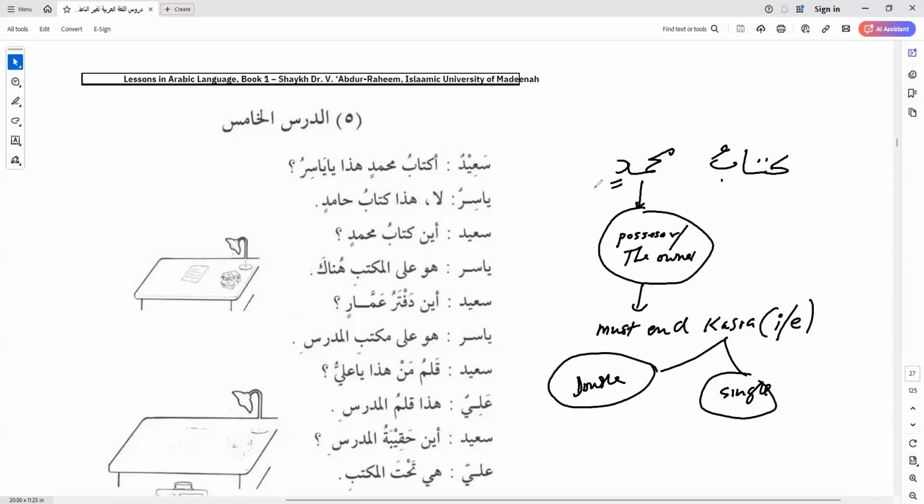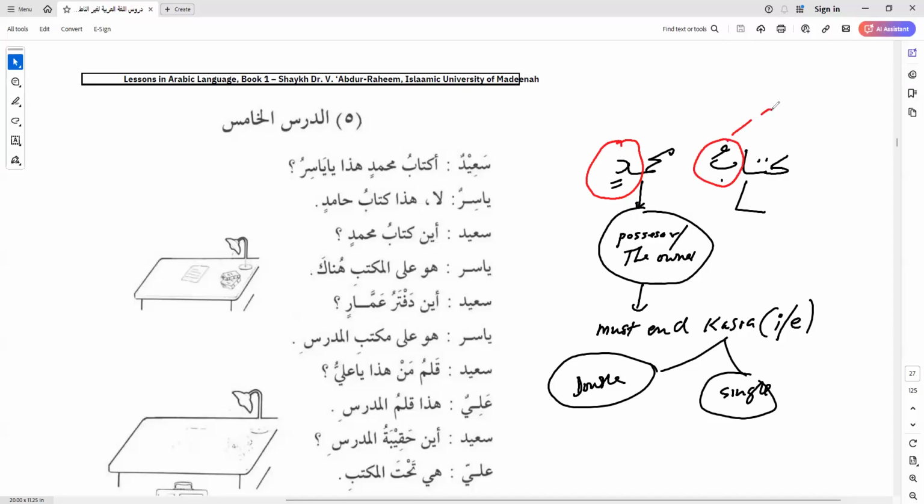Because the proper noun is standing alone, it doesn't mean it's definite or indefinite, but we give it double kasra. And that is the structure. But with Kitabu, the ending of the noun is dynamic, and later on we're going to learn that. This is the end vowel: kasra, Muhammadin, and then Kitabu.